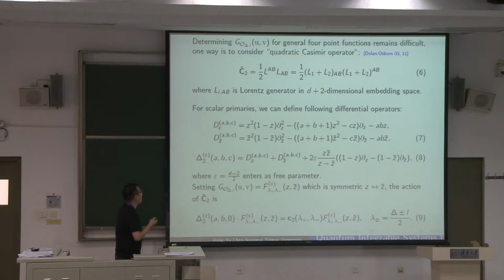Then the action of this quadratic Casimir on the scalar conformal block can be expressed in terms of the following second-order partial differential operator involving z and z bar. Here you can see that the dimensionality d is really entering as a parameter inside those equations.